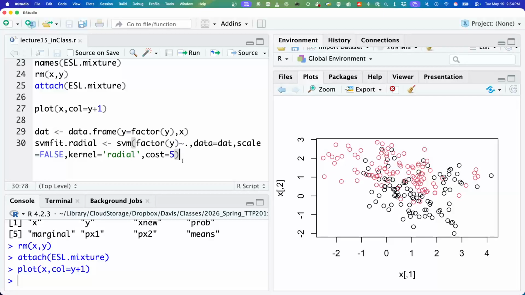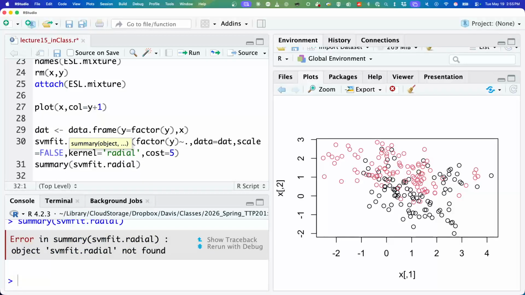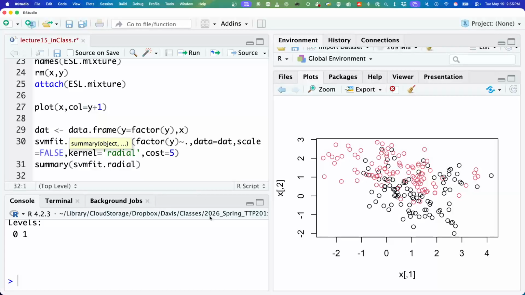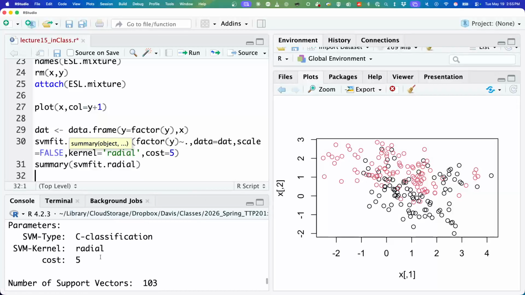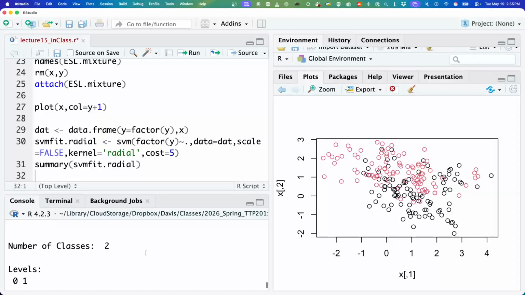So it'll be a smaller penalty term that will allow for more violations. We'll do summary. Now it tells me it's a radial kernel with a cost of 5. I have 103 support vectors, so quite a lot more this time, but still 2 classes.